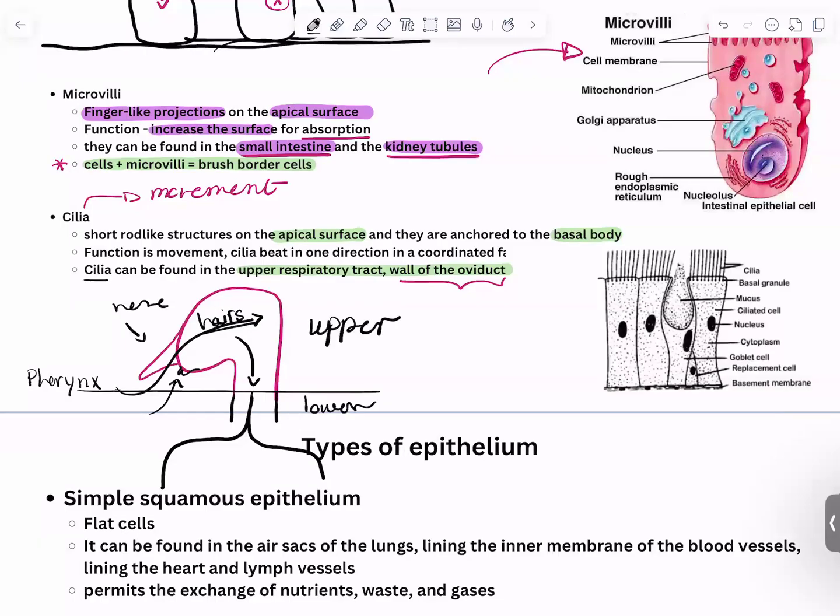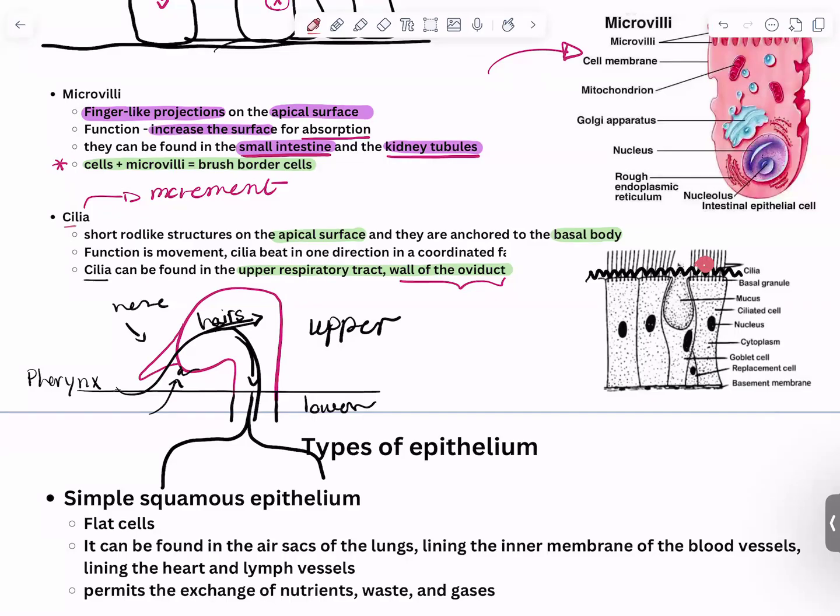It has some bacteria, some viruses, small viruses, bacteria, and dust and other things. They shouldn't go to the deeper layers. So the cilia, with the help of the mucus layer on them, will catch those harmful substances. And imagine that the harmful substance is this red one, and we have to kick them out. We shouldn't keep them.